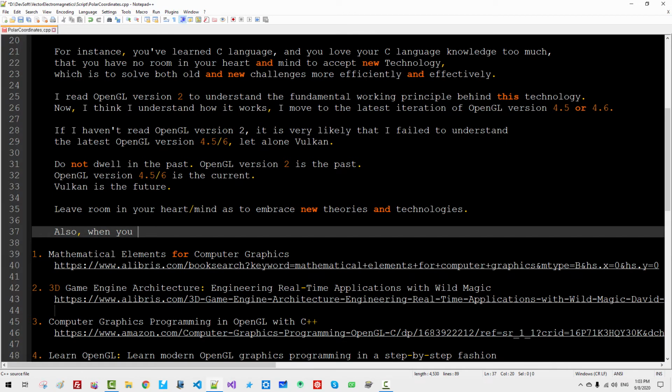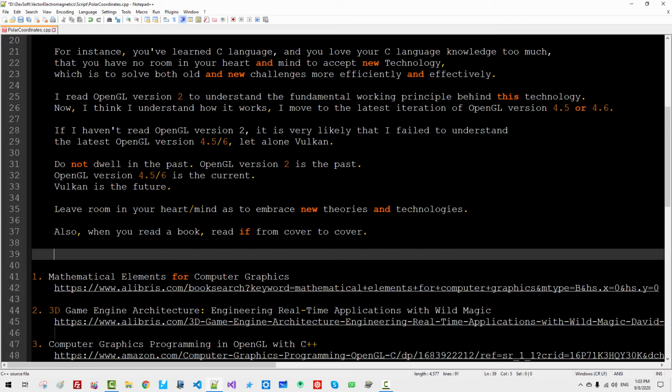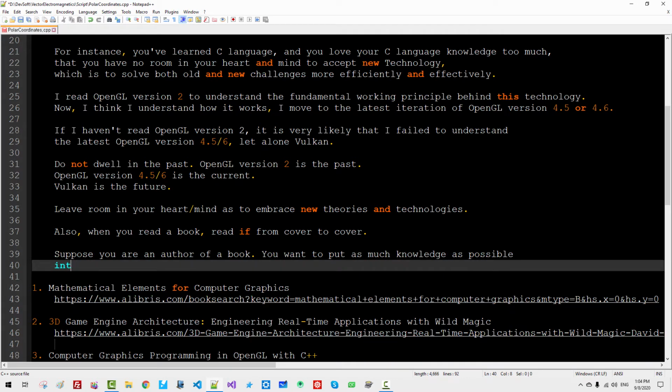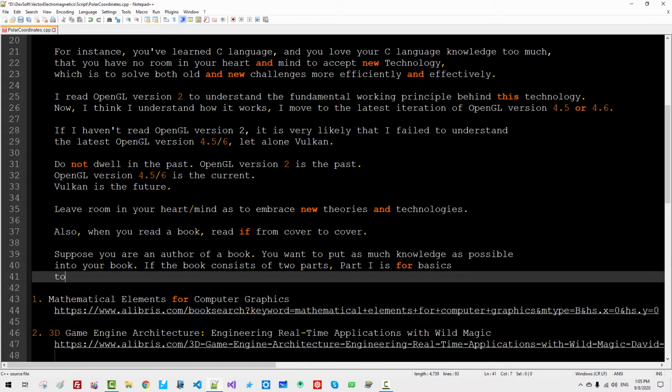Also, when you read a book, read it from cover to cover. Suppose you are an author of a book. You want to put as much knowledge as possible into your book. If the book consists of two parts, part 1 is for basics to introduce more advanced technology.